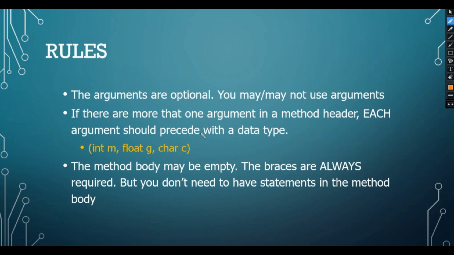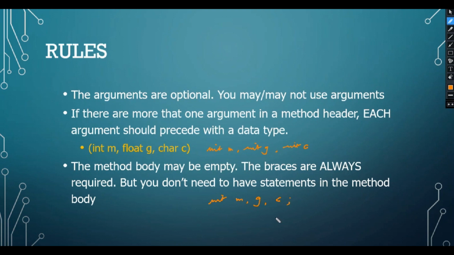For example, if I want to create three arguments called m, g and c, all of type int, I will write it as int m, int g, int c. It doesn't matter whether all of them have the same data type. I cannot write it as int m, g, c.